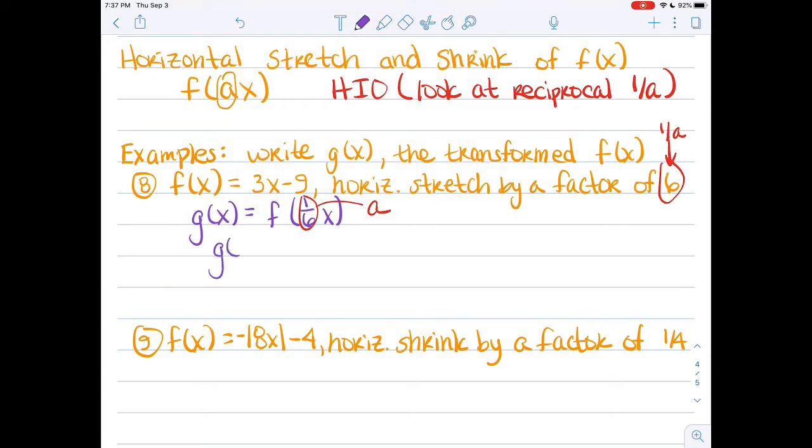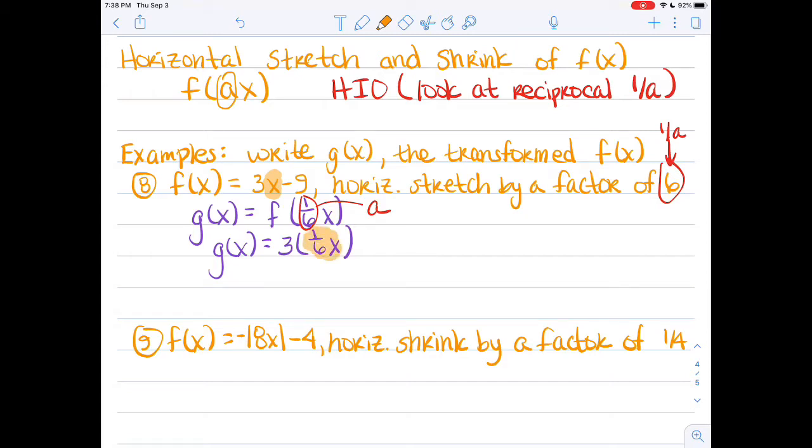Substituting in for f of x, we get g of x is equal to 3 times 1/6 x. So notice that I have taken my original function and right here where x is, I have substituted 1/6 x.